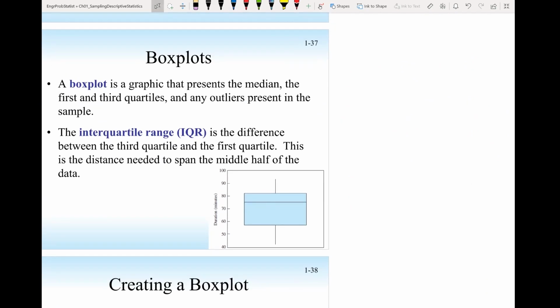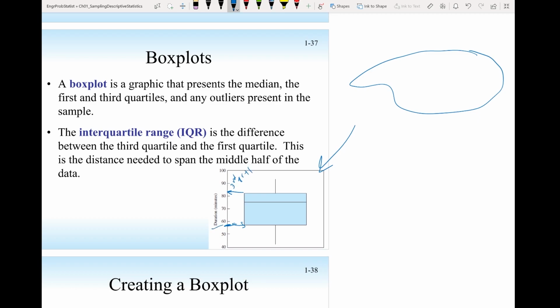Now, the second popular way to represent data in a sample or in a population is the box plot. And the box plot looks something like this. The first step, this is your sample. You find the first quartile, and this will be the data for the first quartile. Then you find the third quartile, and this will be, for example, the third quartile.